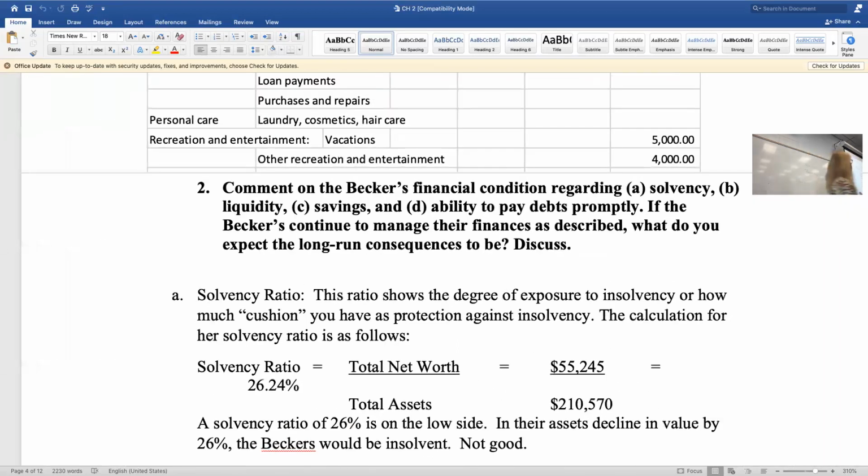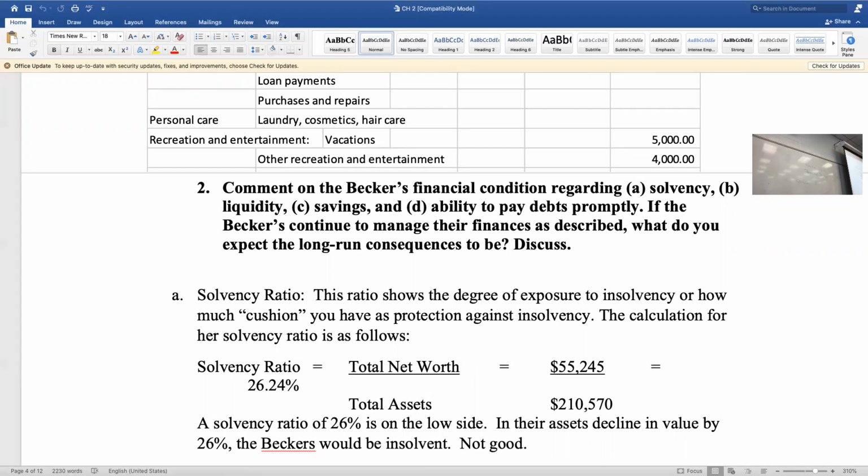Okay, so the solvency ratio is the total net worth from the balance sheet divided by the total assets. So it's 26%. That means their assets could decline by 26% before they would have a negative net worth, before they would be insolvent.